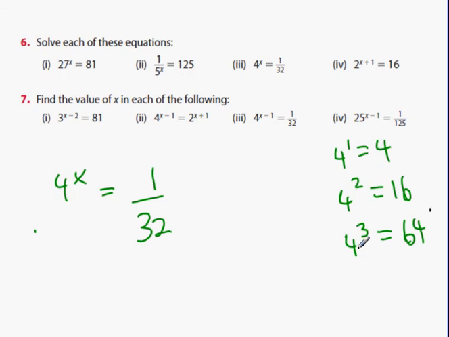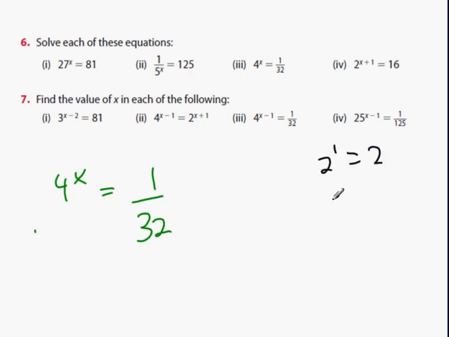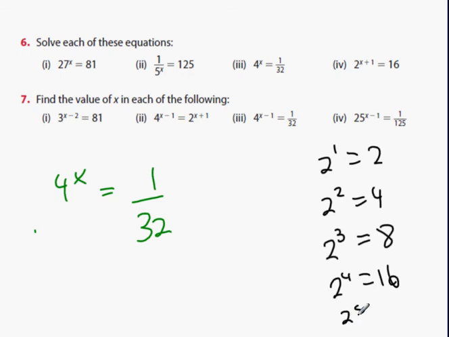Pick a number that's smaller than 4, but also even. 2. 2 to the power 1, 2 to the power 2, 2 to the power 3, 2 to the power 4, 2 to the power 5, 32. Now, what do you change 4 into? 2 to the power 2. What do you change 32 into?